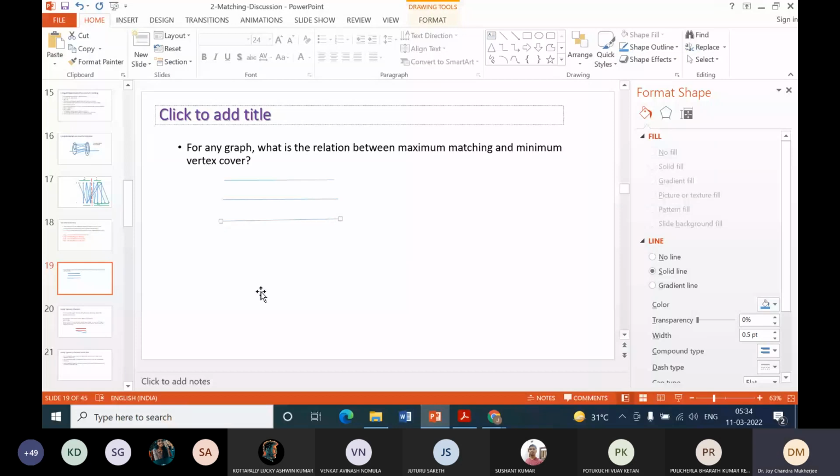A set of pairwise disjoint edges. And what is my vertex cover? A vertex cover means a subset of vertices which covers all the edges, such that every edge has an endpoint in that subset, right?